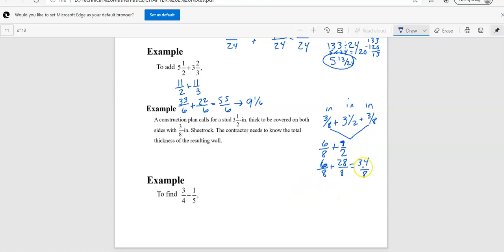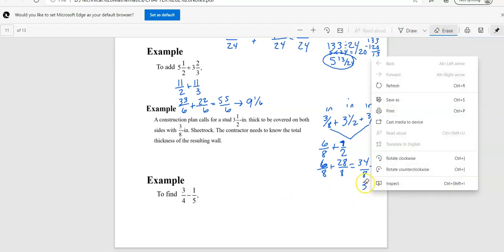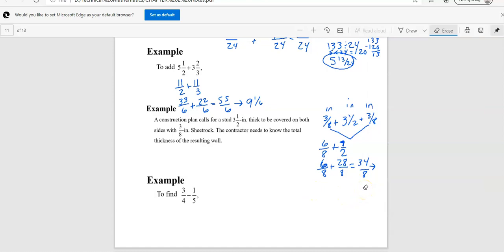Okay, now we need to change that. We need to ask ourselves, well, how many times will 8 go into 34? Well, 8 times 4 is 32. So we would have 2 left over. Eight will go into 34 4 times, because 4 times 8 is 32.